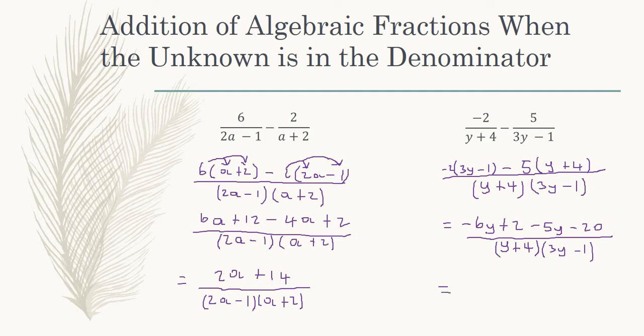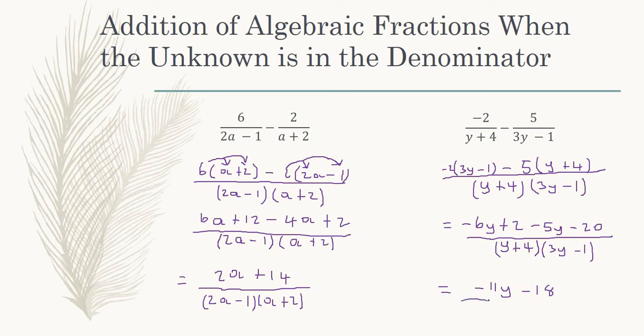So we have a minus 6y here, and we have a minus 5y here. We can group those together and simplify. So minus 6y minus 5y, that is going to give us a minus 11y. And we also have a positive 2 here and a minus 20. So positive 2 minus 20, that's going to give us a minus 18.